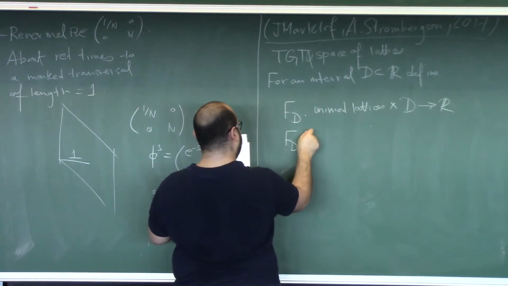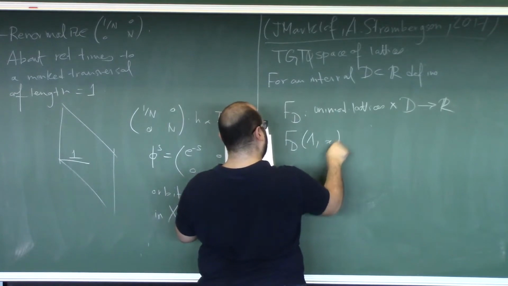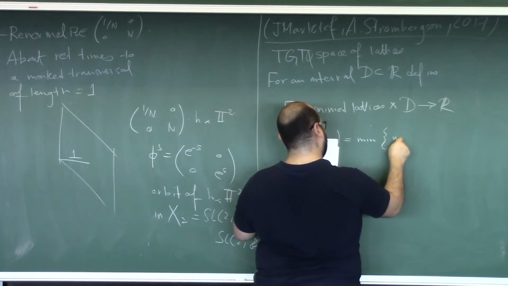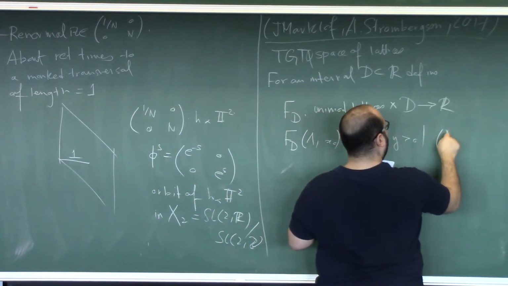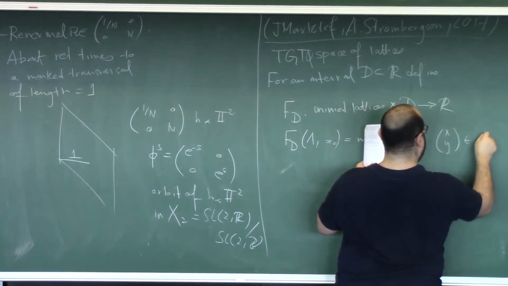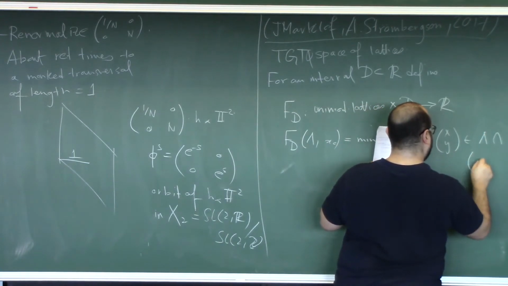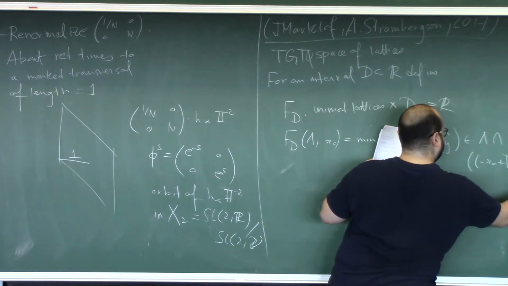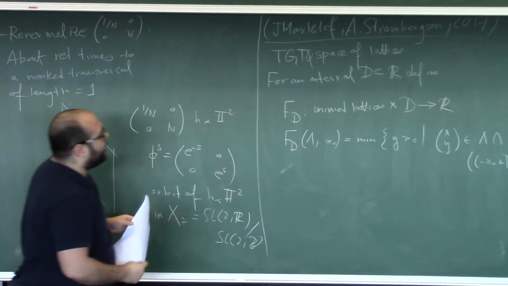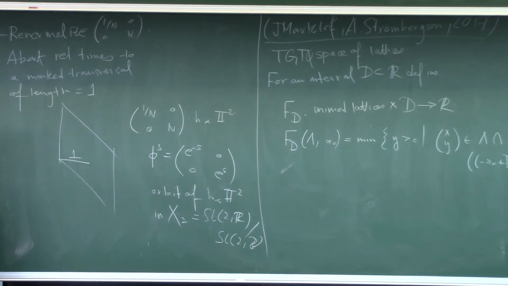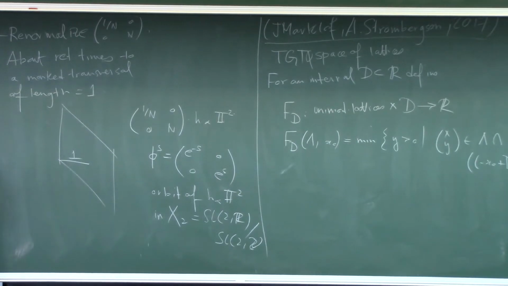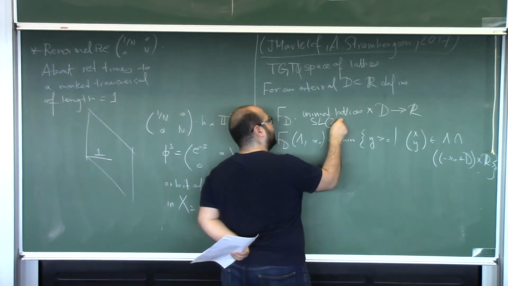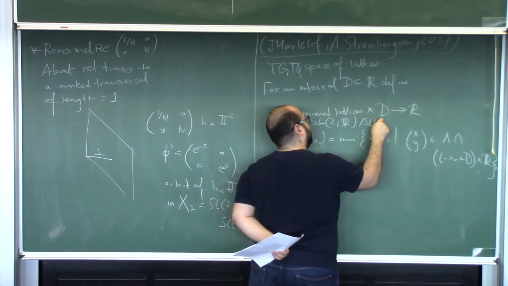So f of D equals x node, minimum y greater than 0, x of y in... So what does that function do? So which picture should I reuse? Lattices are two-dimensional. Yes. You want lattices SL2R or SL2Z.